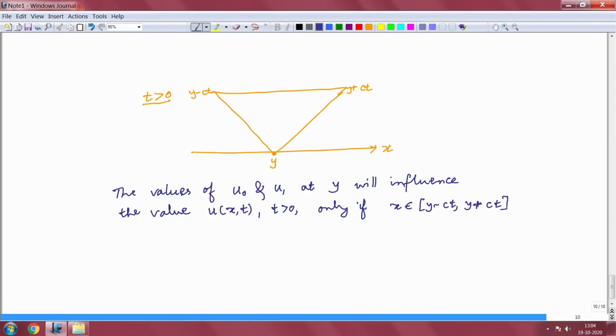As you change t, of course, that interval gets expanded. This is referred to as range of influence.